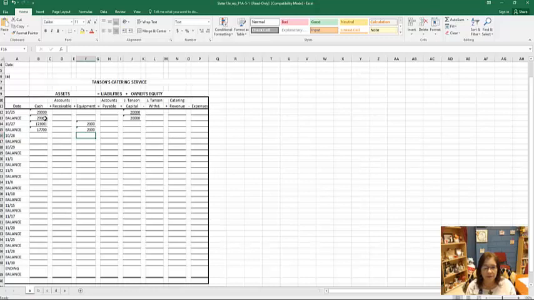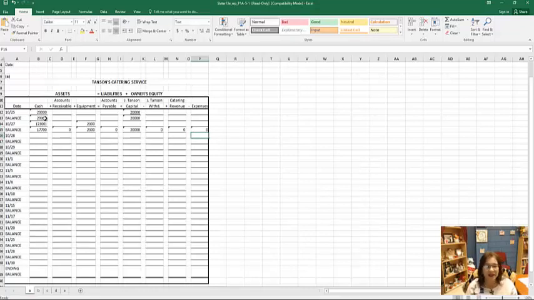Now, again, do we do anything with accounts receivable? Nope. Do we do anything with accounts payable? Nope. Capital, do we do anything with it? Nope. Does it remain the same? Yes. Anything with withdrawals? Nope. Revenue? Nope. Expenses? Nope. Okay.